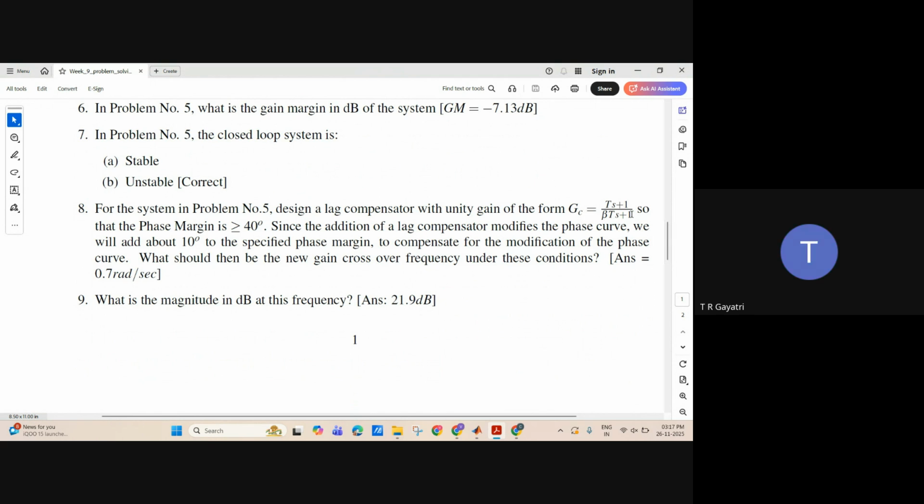The phase margin should be greater than 40 degrees. First criterion is your phase margin should be greater than or equal to 40 degrees. Since the addition of the lag compensator modifies your phase, for compensation we are adding 10 more degrees. So the overall design should satisfy greater than or equal to 50 degrees. You should take 50 degrees as your minimum phase margin.